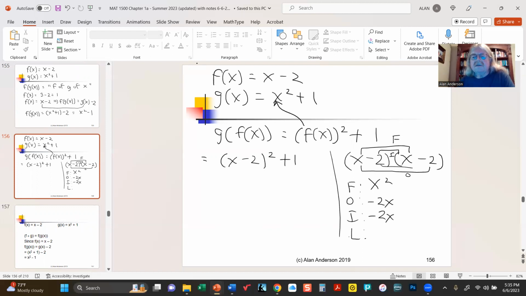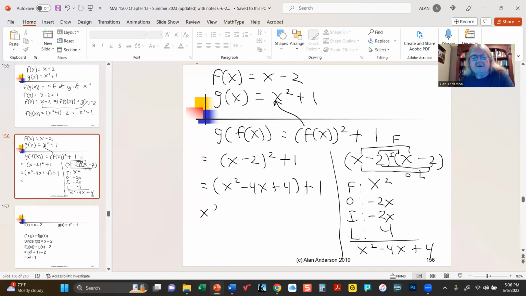Last is these two, positive 4. So that expression by itself is x squared minus 4x plus 4. So now I'm going to replace all of this with x squared minus 4x plus 4 plus 1. And now, of course, I can drop the parentheses, and this is my final answer.